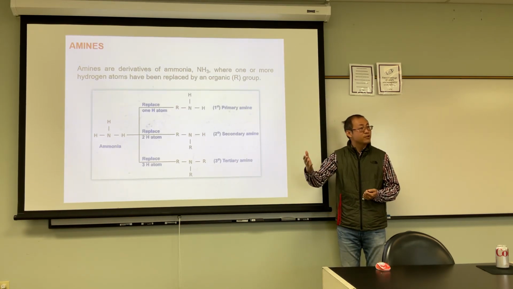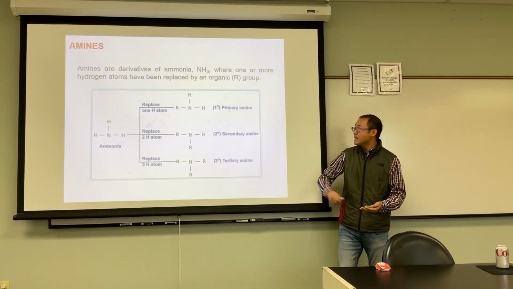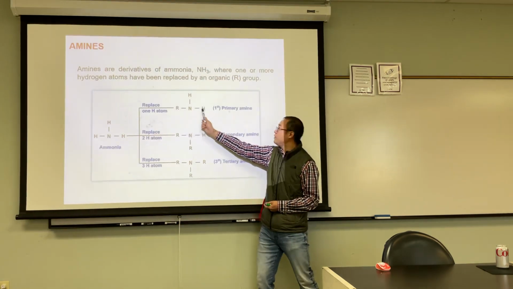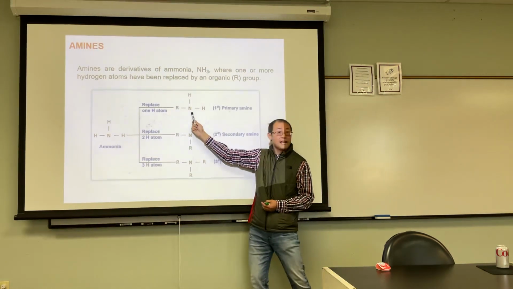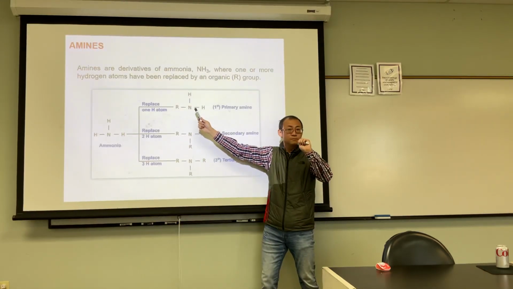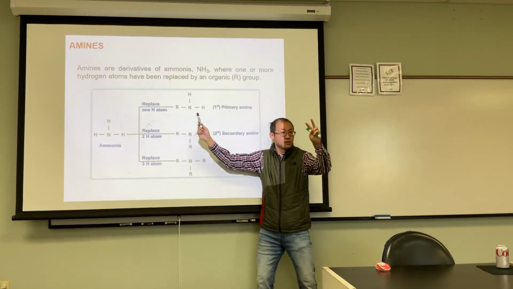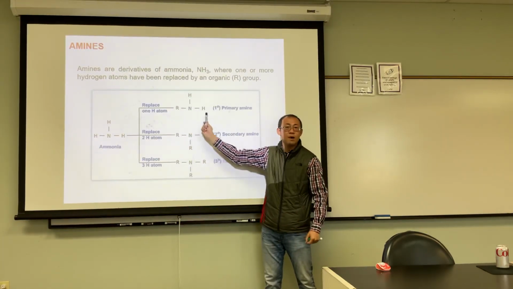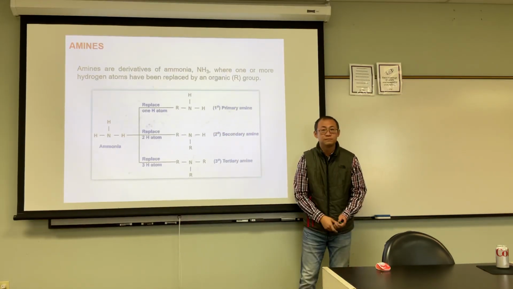A concept which is very similar to the one we learned before, right? If you replace with one group, R, we call the amine primary. Then the nitrogen will be NH2. Because there are 3 hydrogens, remember. If you replace one with R, then there are how many hydrogens left? 2. So an amine like this is called a primary amine.